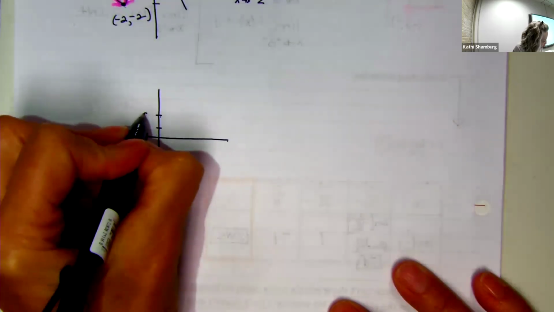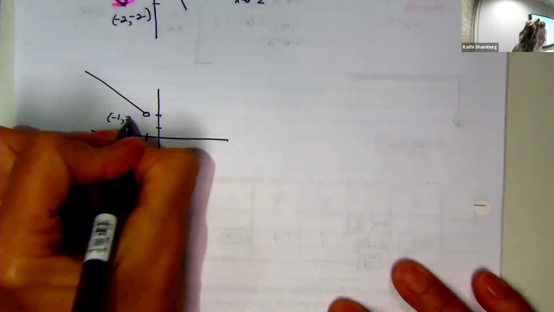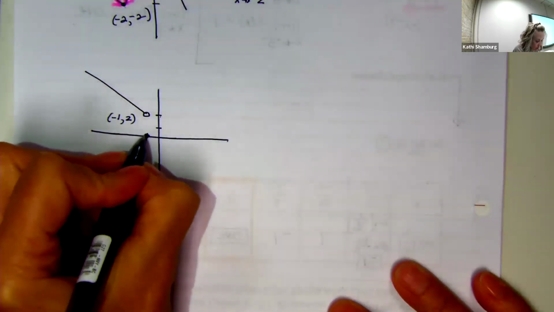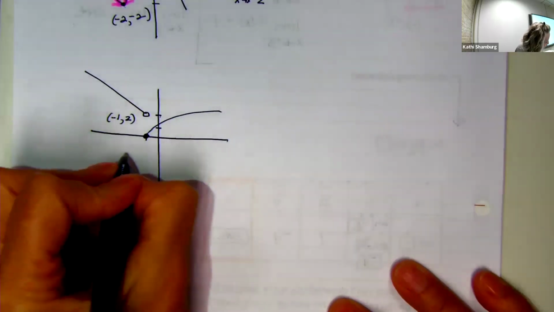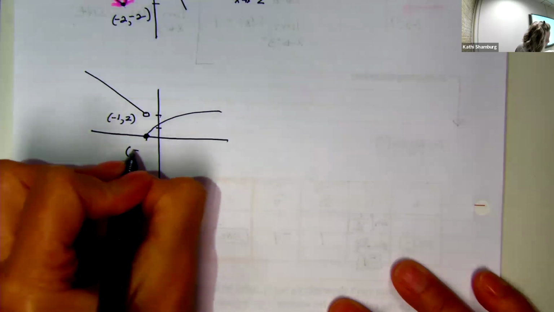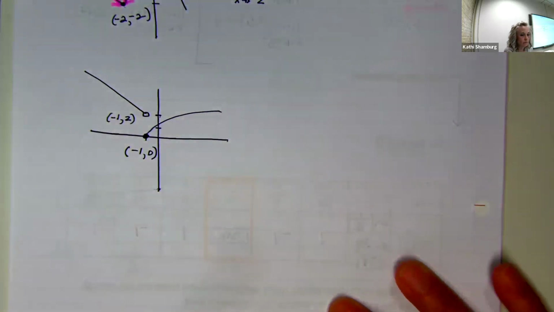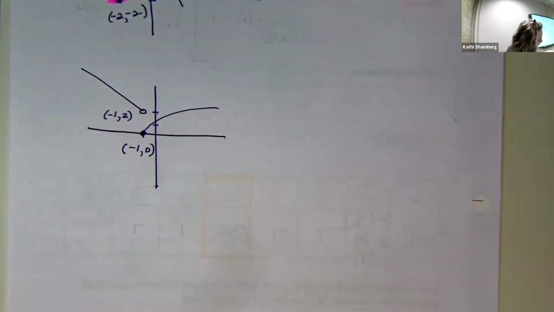Say we had the ordered pair -1, 2, but it's going to be an open circle. -1, 2, open circle, straight line. So this ordered pair is -1, 2. Then I'm going to do -1, 0 and do a closed circle. And it's going to look like this. So this point is -1, 0. All right.